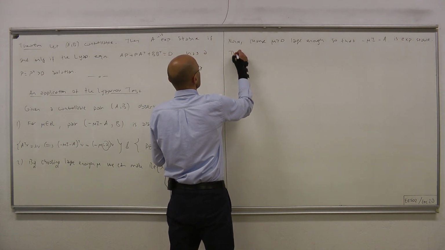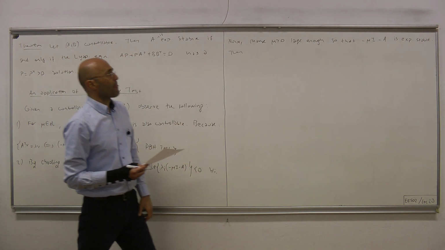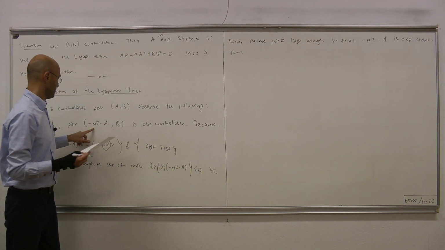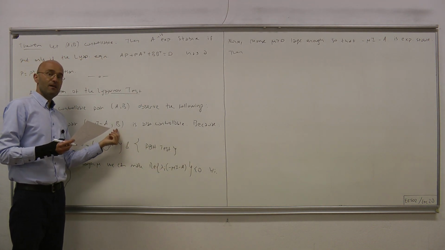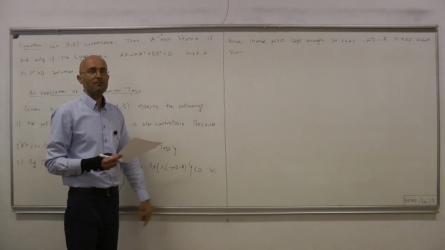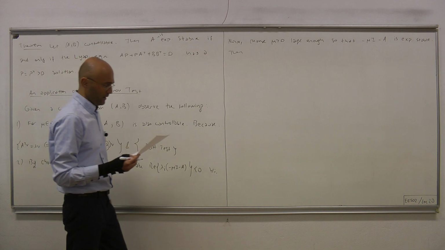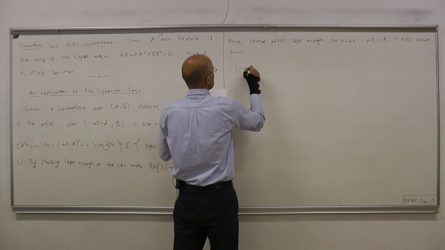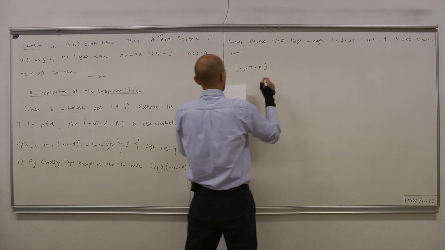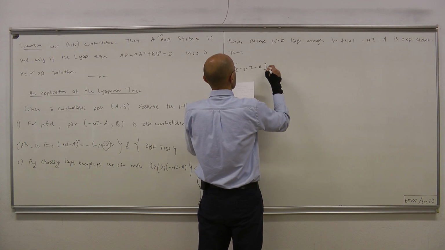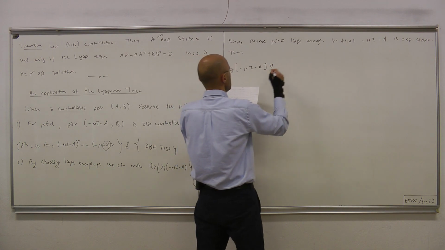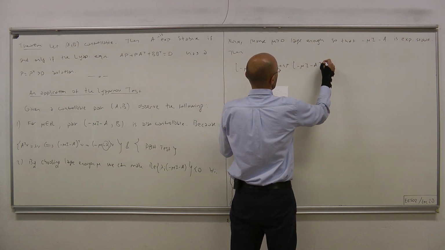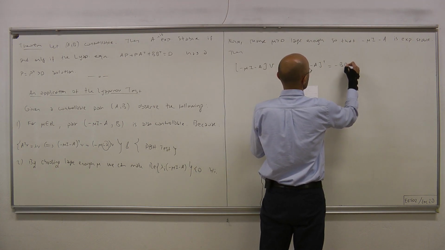Then, since this matrix is Hurwitz or exponentially stable, and the pair A and B is controllable, we can apply the Lyapunov test for controllability, which tells us that minus mu I minus A times the matrix V plus V times minus mu I minus A transpose equals minus B B transpose.